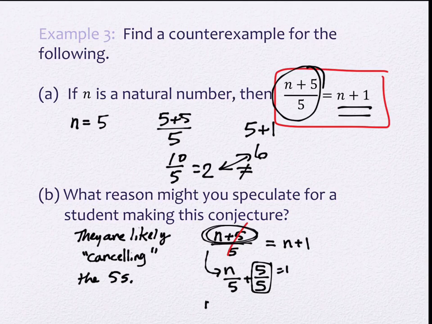So n plus 5 is all, or you could say both pieces are divided by 5. And that's the reason we can't do it, is because we're just dividing one of the pieces by 5 if we do that sort of marking out with the red, like I did, procedure.